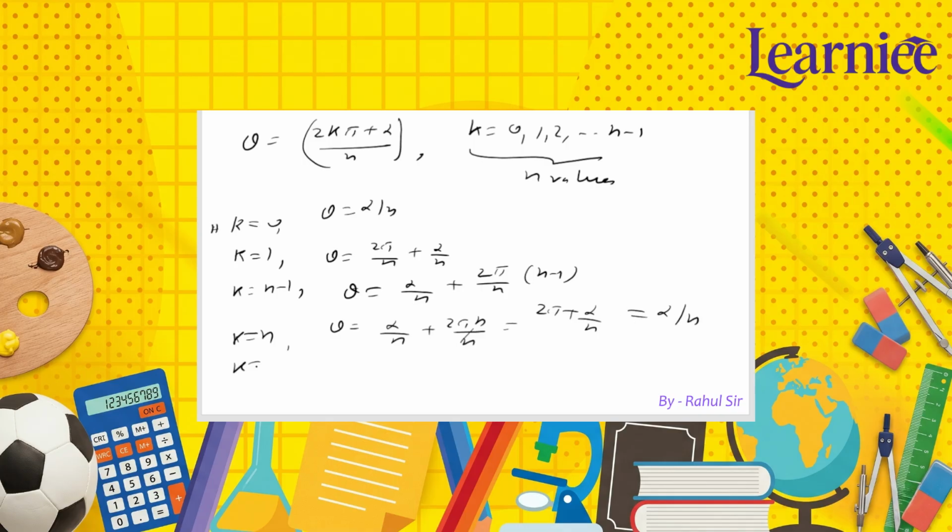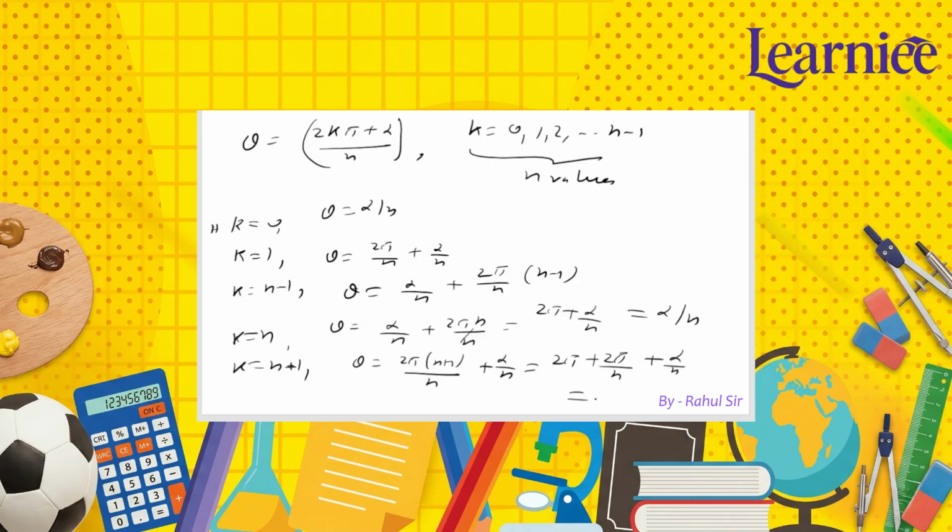Similarly, if we take k is equal to n plus 1, theta is equal to 2 pi (n plus 1) by n plus alpha by n, that is nothing but 2 pi plus 2 pi by n plus alpha by n.